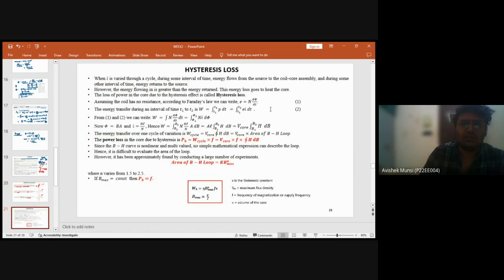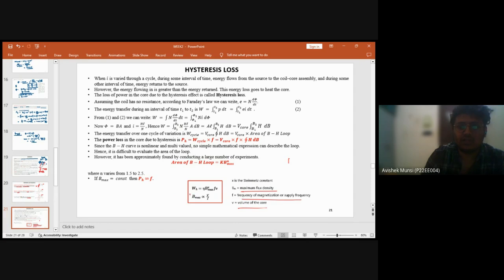Now here, if we don't go into these calculations more and more, in simple words you can say that the hysteresis loss is proportional to magnetic flux density, frequency, and the volume of the core.